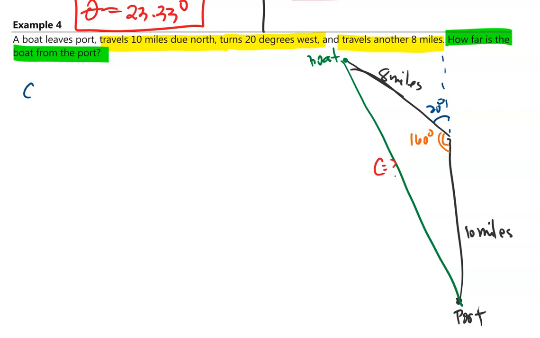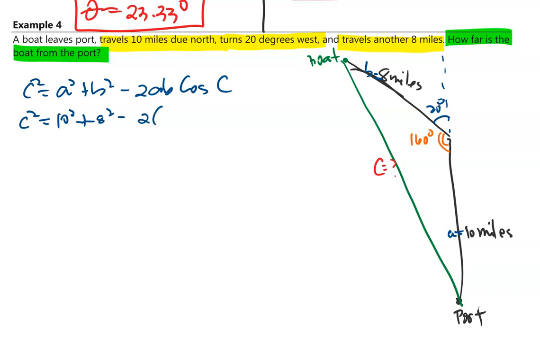Let's say that is your c, so c squared is equal to a squared plus b squared minus 2ab cosine of angle c. So if this is a, this is b, c squared is 10 squared plus 8 squared minus 2 times 10 times 8 cosine of the opposite angle, 160 degrees.